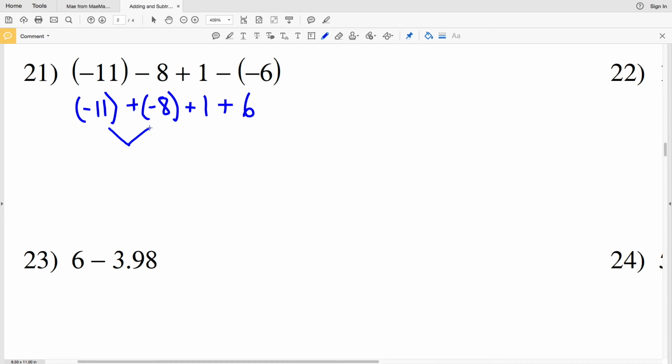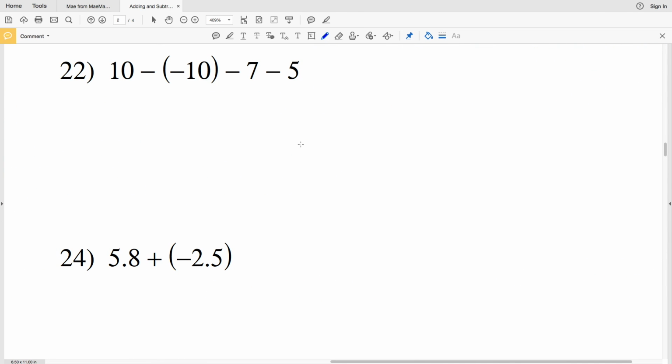So negative 11 plus negative 8 is going to leave me with negative 19. Positive 1 plus a positive 6 is going to leave me with a positive 7. So now I have negative 19 plus 7. Negative 19 plus 7 is going to leave me with a negative number, and that number is going to be a negative 12.